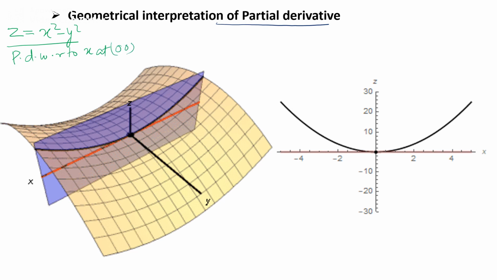What does it mean? We want to evaluate the change in the function with x while y remains constant. As you know, the partial derivative of the function z with respect to x is 2x, because y remains constant here.